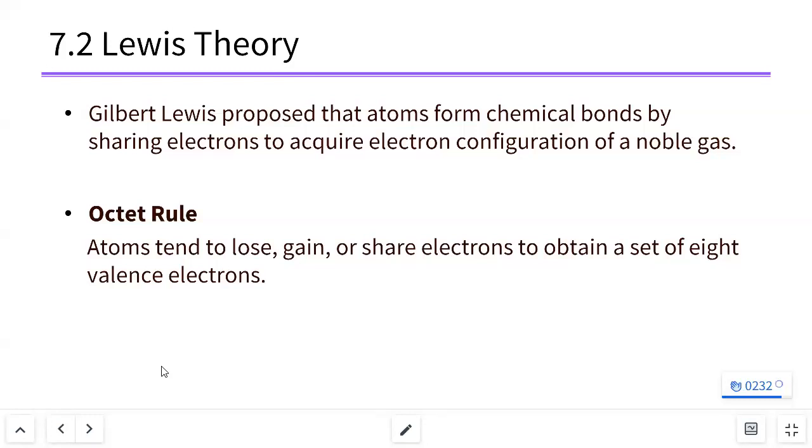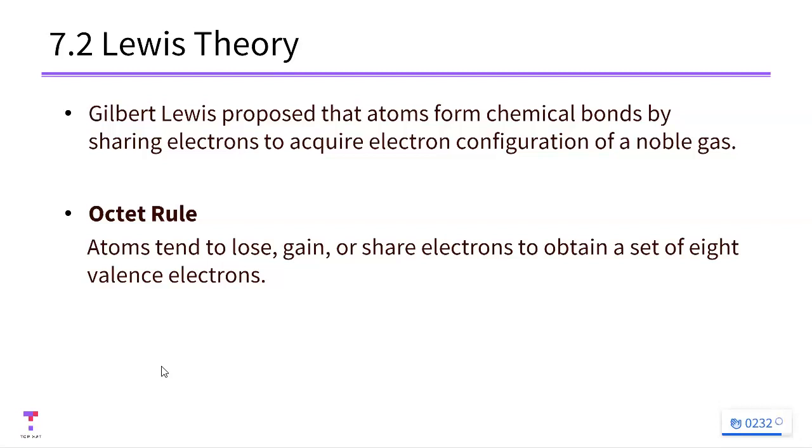They have no need to transfer or share electrons because they're already good where they are. And so the question becomes, how do other elemental samples get to that stability so that they too can have the same stability as those noble gases?